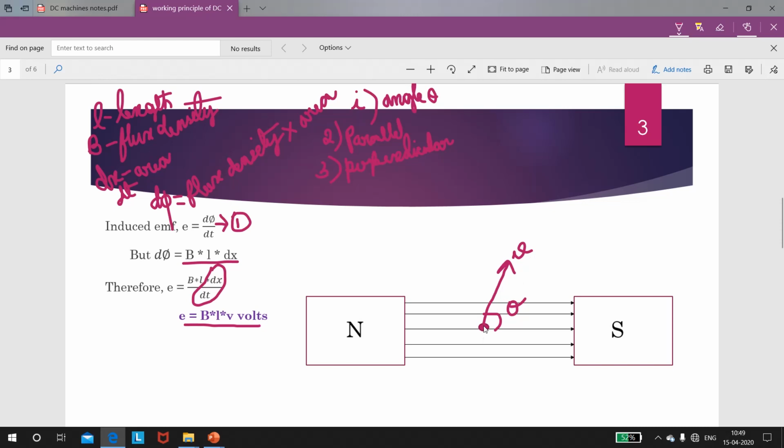So the two components that are resolved are, one is the parallel component, one is the perpendicular component. So parallel component can be written as v cos theta, whereas perpendicular component is called as v sin theta.